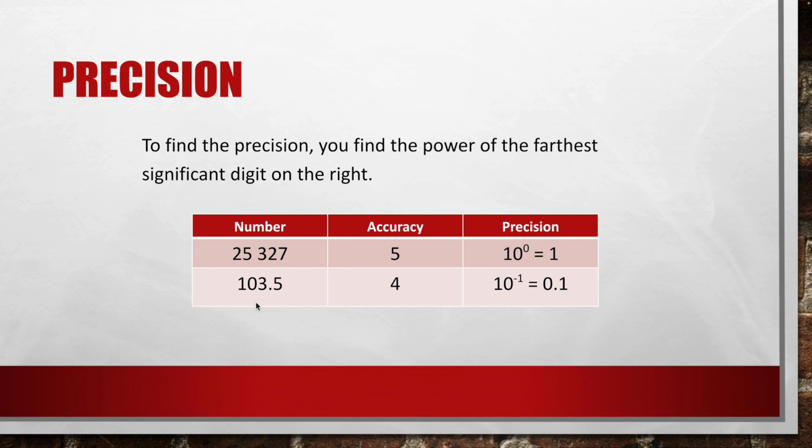For this number, I have 4 significant digits, so it's an accuracy of 4, but the 5 is in the tenths place, or 10 to the negative 1, or 0.1. So out of these 2 numbers, this number is more accurate, but this number is more precise.